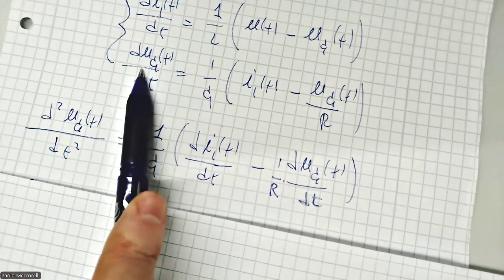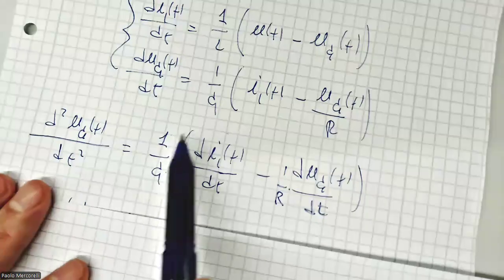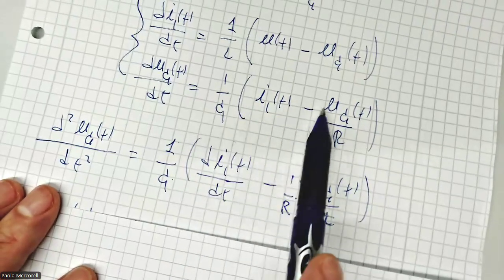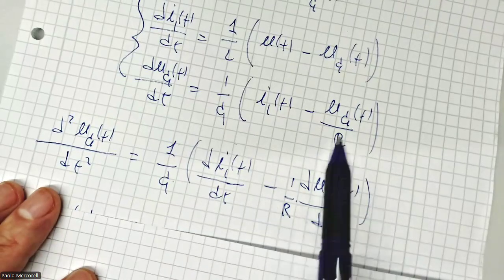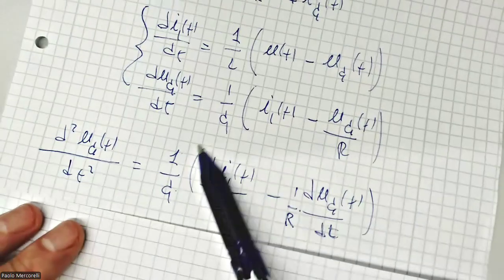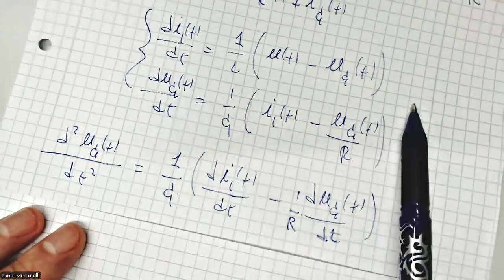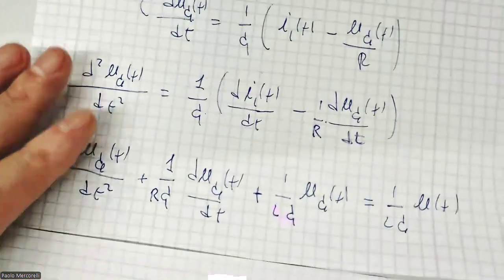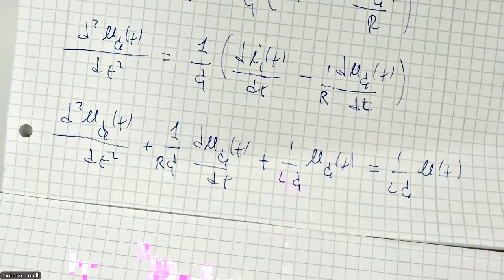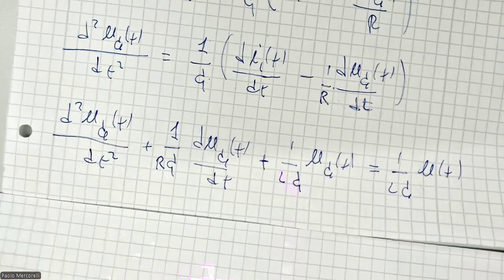This means the second derivative of this expression equals 1 divided by C, the derivative of I1, minus 1 divided by R, the derivative of UC. Clear, no? Now, if I plug in here this expression, believe me, we obtain this expression here. Please pay attention, don't make mistakes.